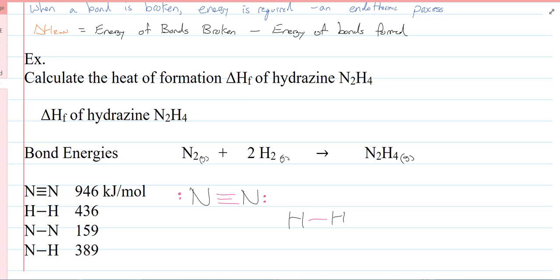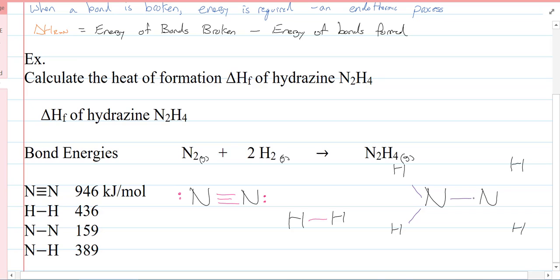So let's say that the N's are bonded to each other. And then we'll have an H on each N. Let's see if that works. Does that work? 2, 4, 6, 8, 10, 12, 14. Is that, yes, 14 electrons is what we have.